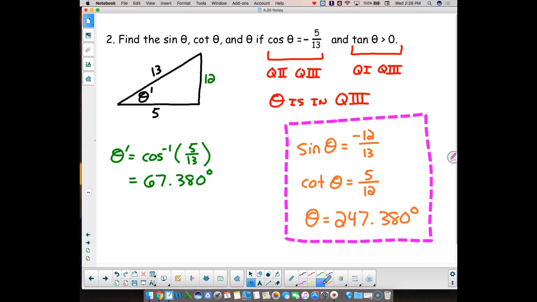Quadrant 4, you subtract from 360. On last Friday, junior Friday night. Promise. I watched you write it down. We're in quadrant number 3, it's 180 plus the reference.